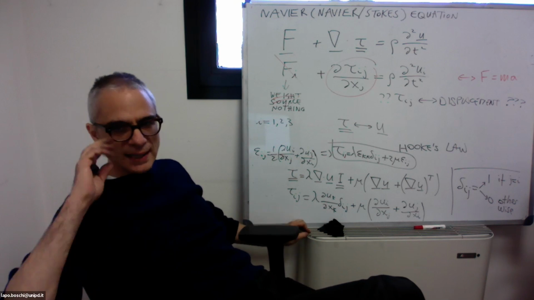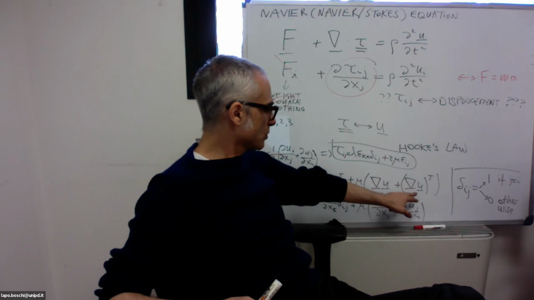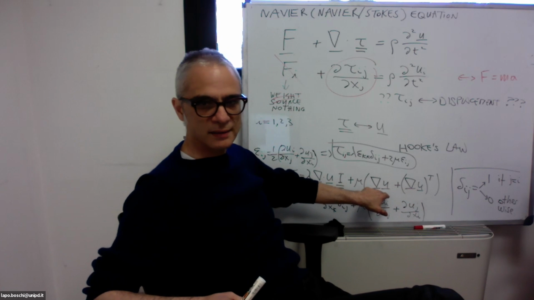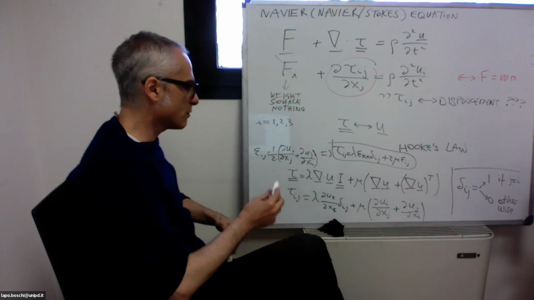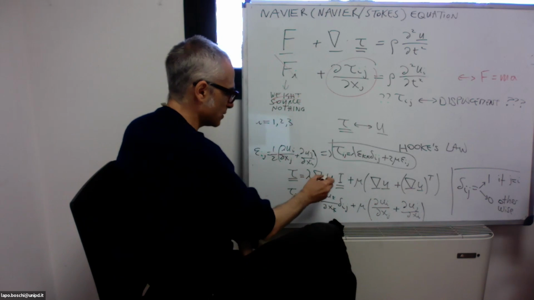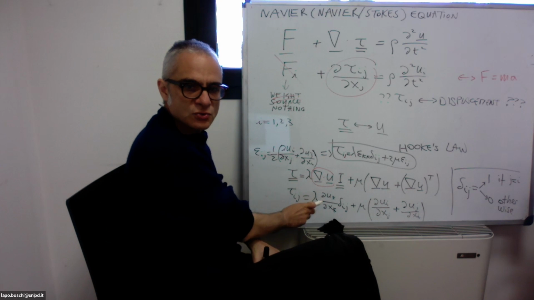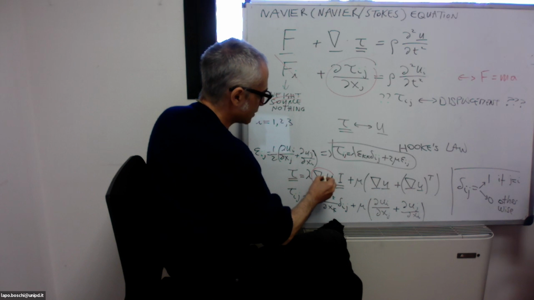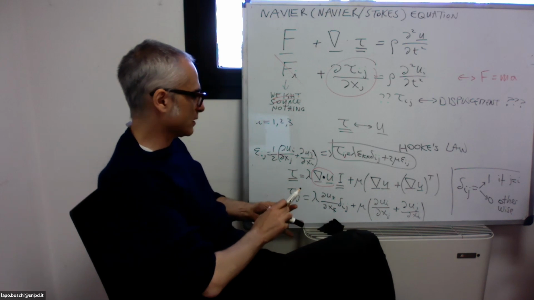Now, notice, very important: it's a good exercise in math to think carefully about the difference between this and the divergence of u, with the little dot. When you deal with vectors, little dots can be very important.